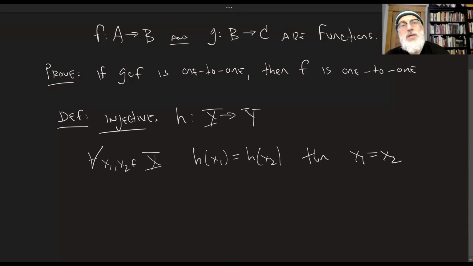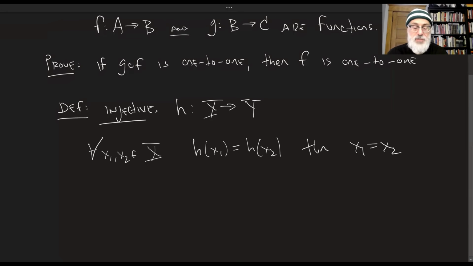Fairly straightforward definition. It means that every x has exactly one output in Y, in the codomain or in the image, depending on what terminology you're using. So that's the definition of injective.